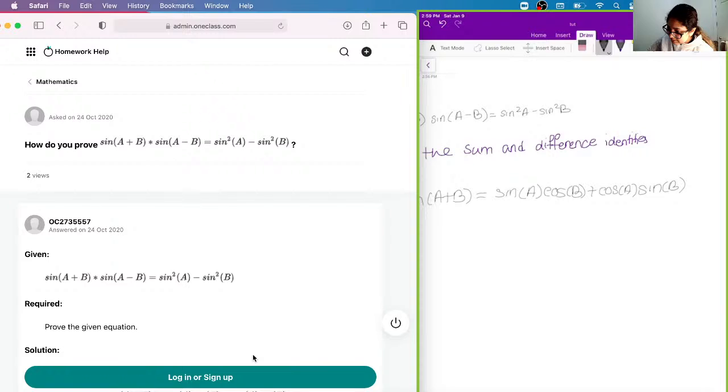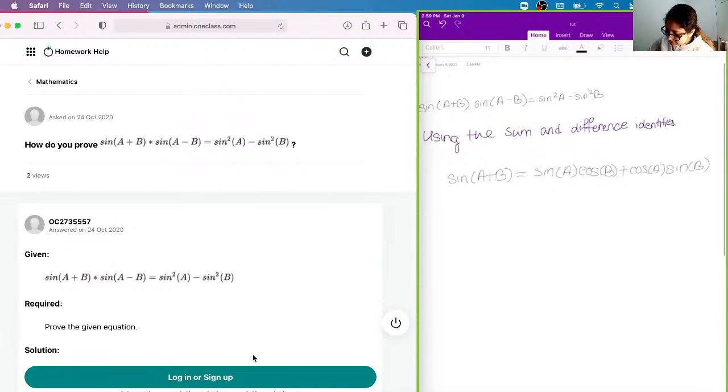Right? And so the difference one would be sine of a minus b, which is sine of a times cos of b. So only the operations would change, the signs in this case.